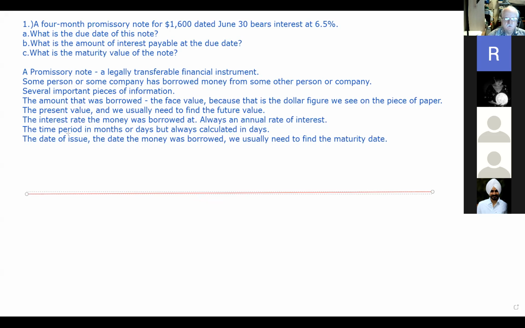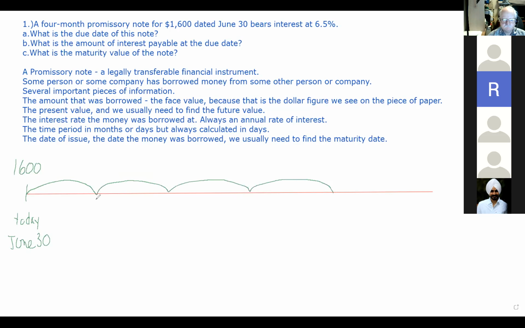So if we start here at today, someone borrowed $1,600, and this was June 30th, and this is going for 4 months. So 1, 2, 3, 4.